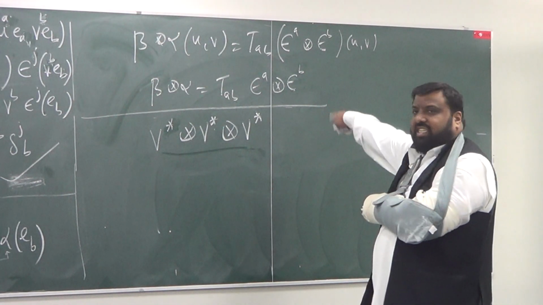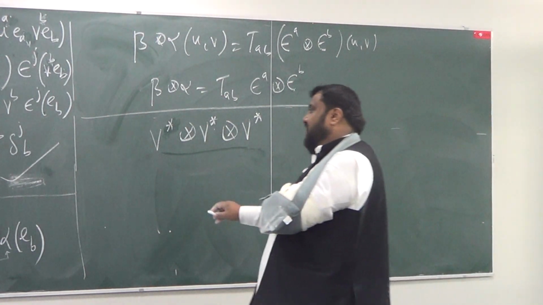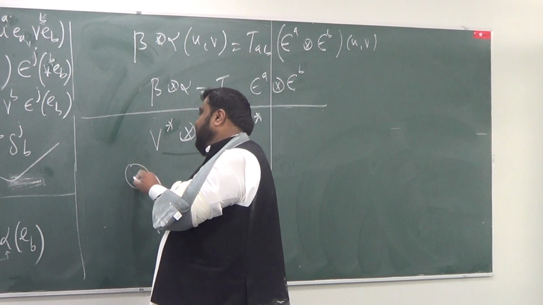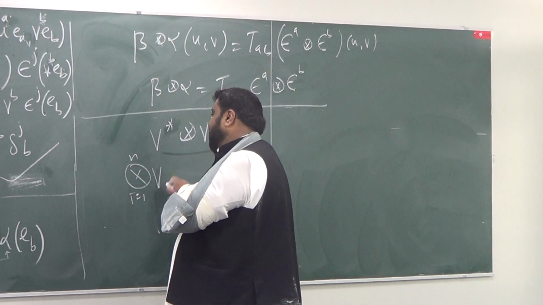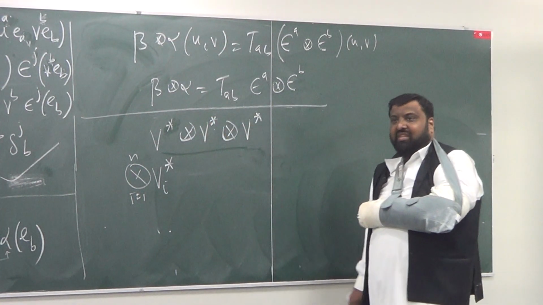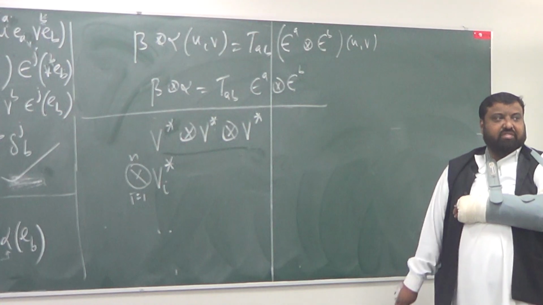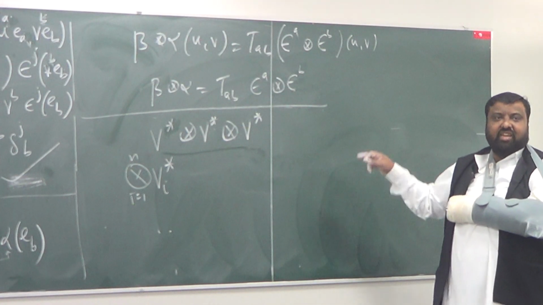And I can increase it as many times as I want. So the general notion that I can write is that you are taking the tensor product from i equal to 1 to n of these V* spaces. For the finite case, we can make sense of what these are. It contains n-linear forms.